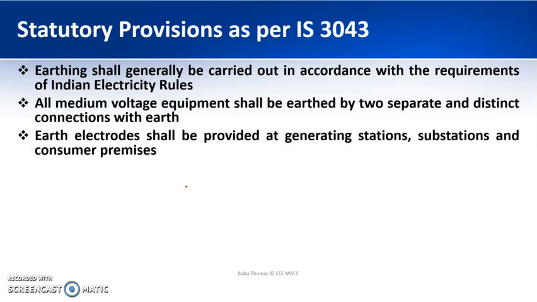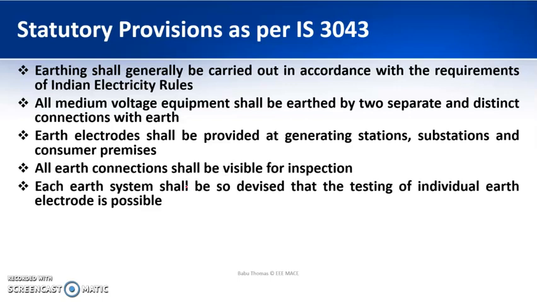The earth electrode shall be provided at the generating station, at the substation, and at the consumer premises, and all the earth connections shall be visible for inspection if possible.